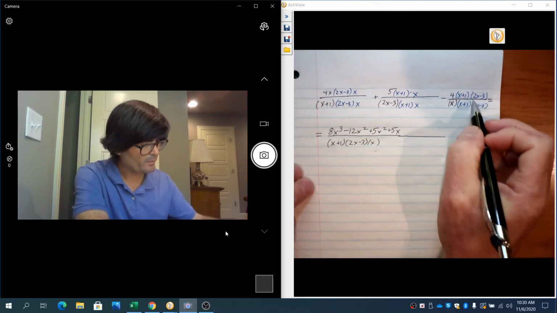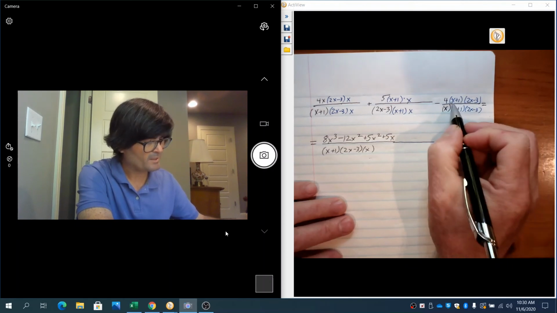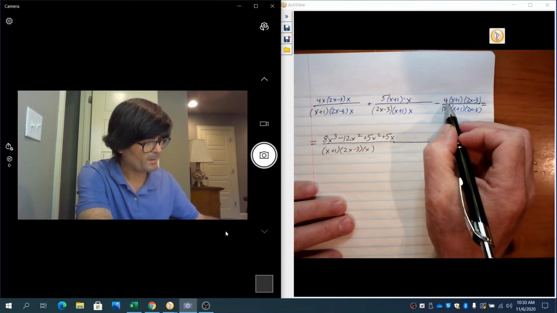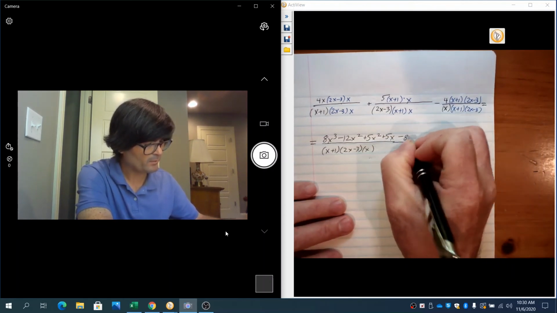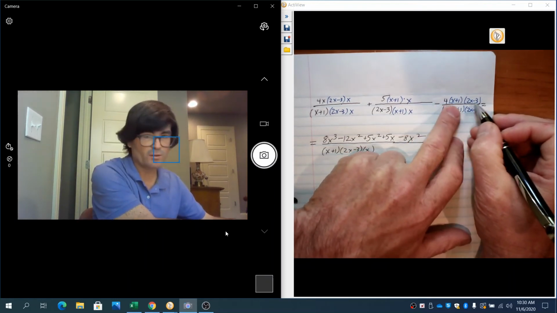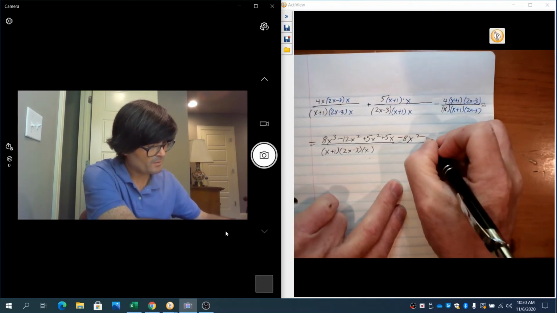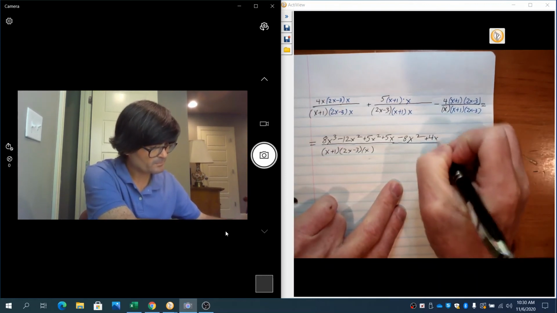And then over here, we would FOIL this out. You've got 2x times x is 2x squared times minus 4, so minus 8x squared. You would have minus 3x and plus 2x if you're doing FOIL, so minus x times minus 4 is plus 4x.